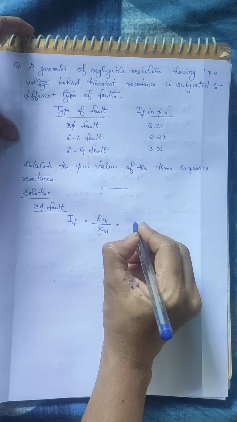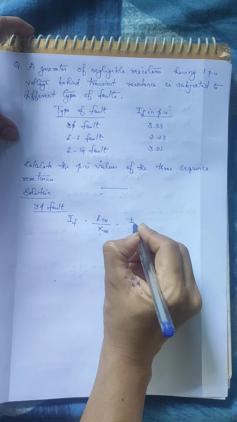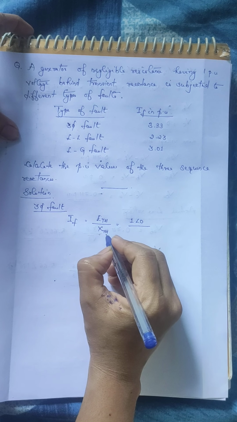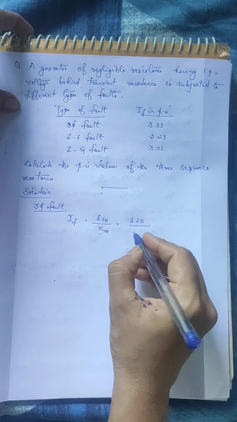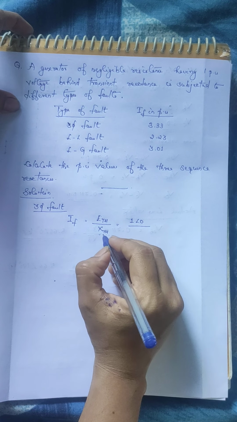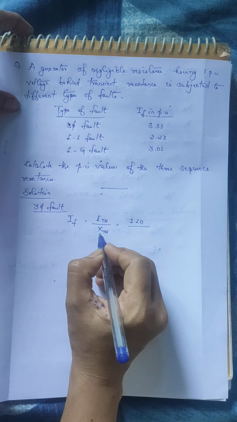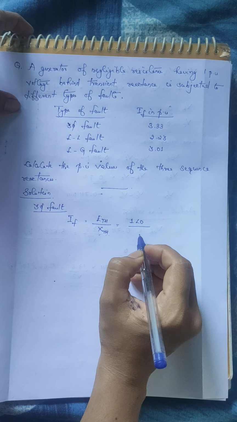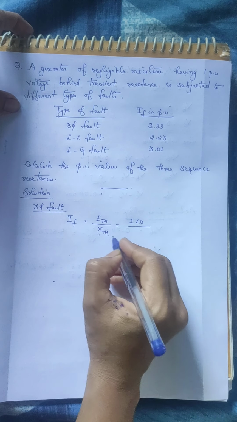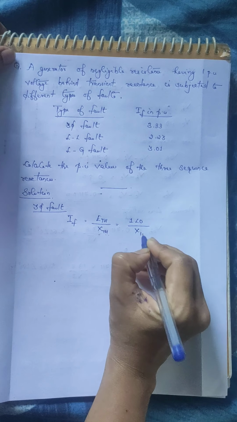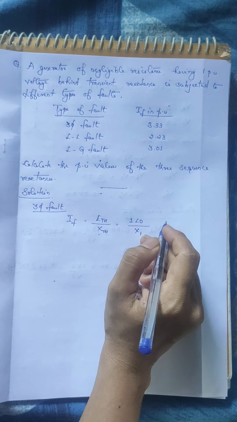So we can calculate this as 1 angle 0 divided by XTH. In case of symmetrical fault analysis, you are calculating XTH from the reactance diagram, and in the reactance diagram, all the reactances are the positive sequence reactances X1.